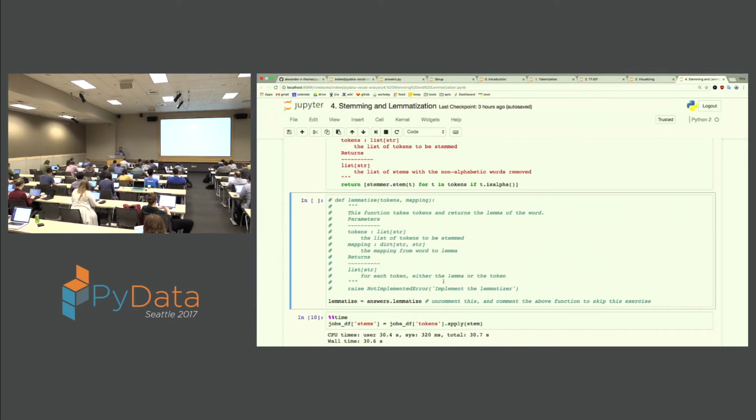So I expect this one might be a little bit easier than the first one, just because we already have the mapping provided. So, curiosity, how many people have finished? Okay. I will wait a little bit longer.